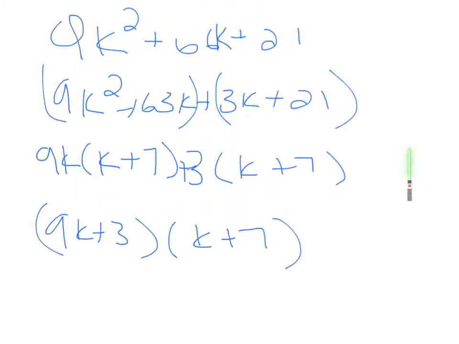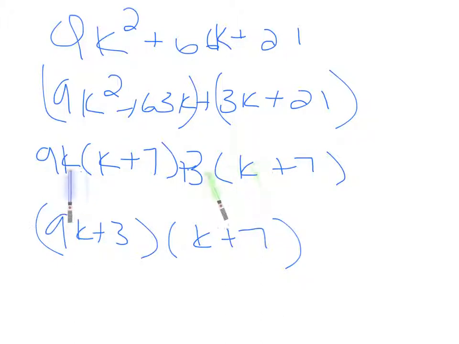So, for this one, we started out with 9k squared plus 66k plus 21. Then it was grouped to 9k squared plus 63k plus 3k plus 21, because 63 plus 3 equals 66, and 63 times 3 equals 189, which is 9 times 21.